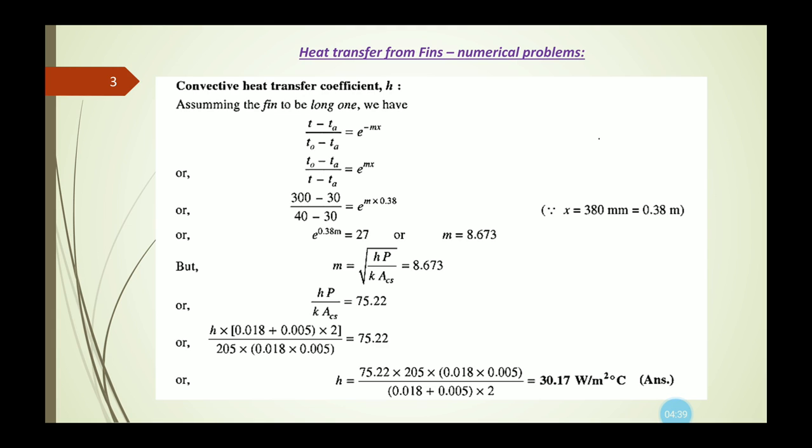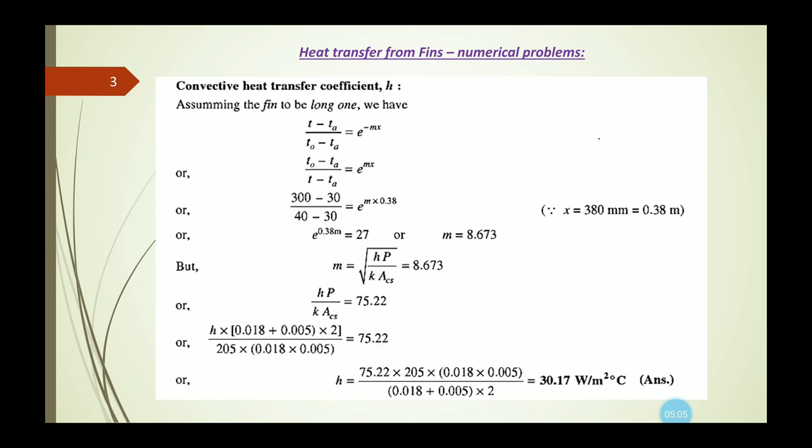So this is the first step that we have calculated here. But the value of m is actually root under hP by kA, which we have seen earlier. Now this root under hP by kA equals 8.673. That means hP by kA will be 8.673 squared, that is 75.22.